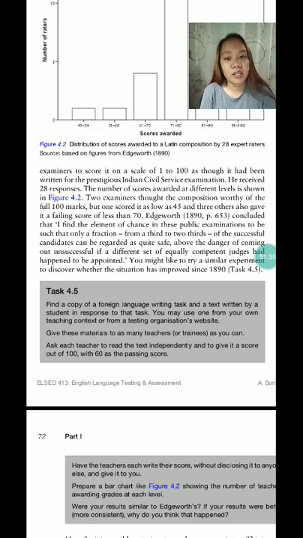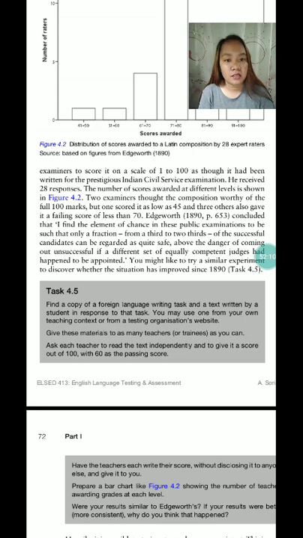He received 28 responses. The number of scores awarded at different levels is shown in figure 4.2. Two examiners thought the composition worthy of the full 100 marks, but one scored it as low as 45, and three others also gave failing scores of less than 70.